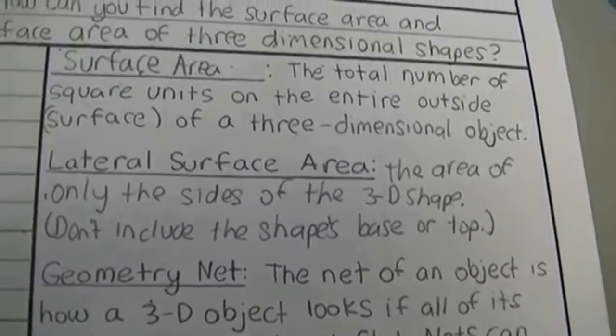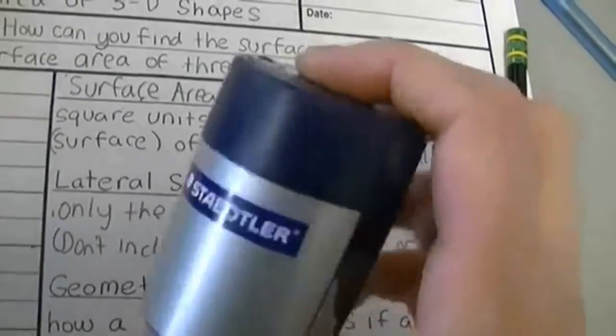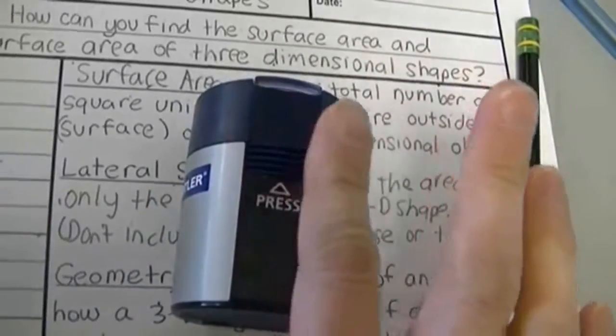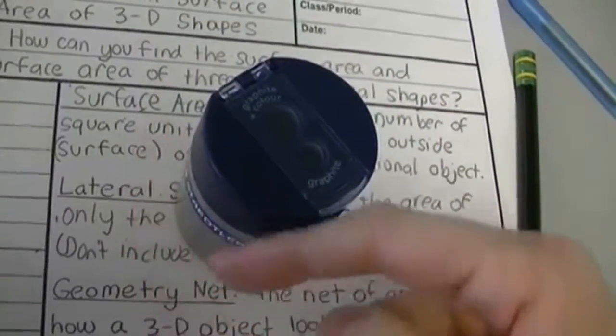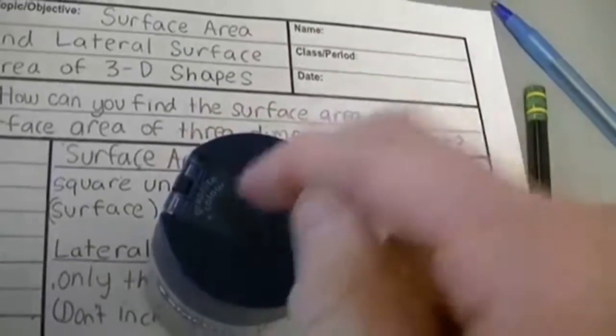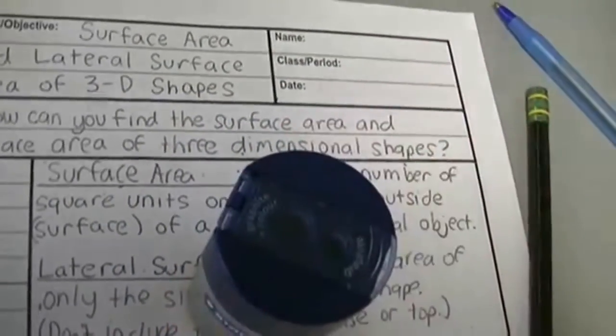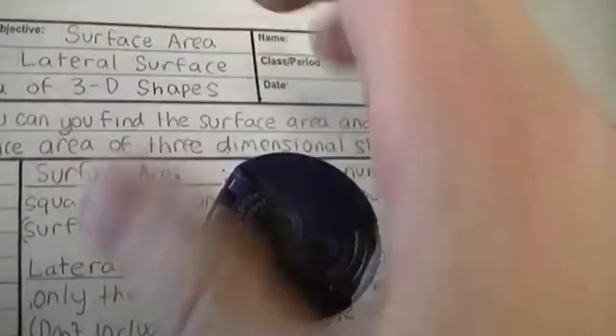So lateral surface area with this example is just going to be the area of the side. If it's sitting like this, it's just the area of all the way around here. Do not include the top and don't include the base. Lateral surface area is just the sides, okay?